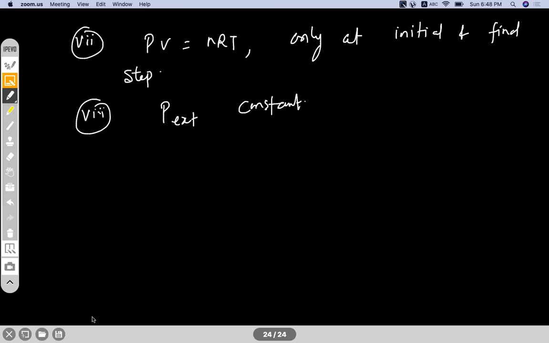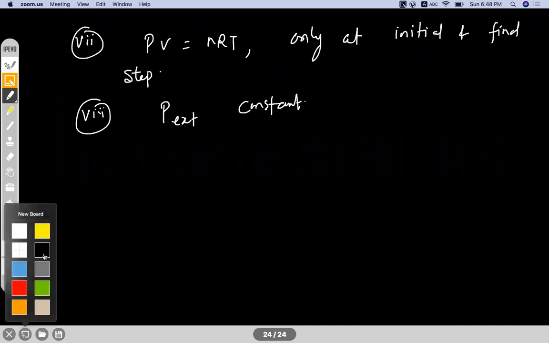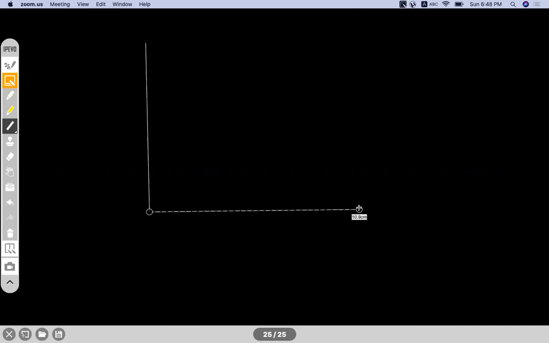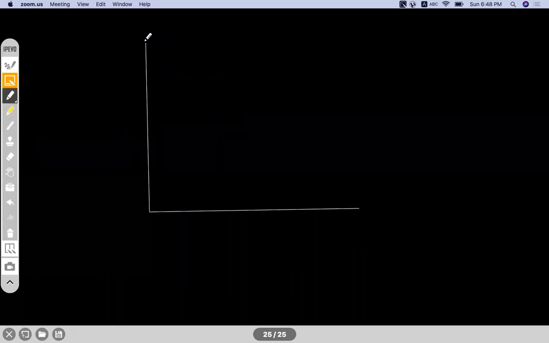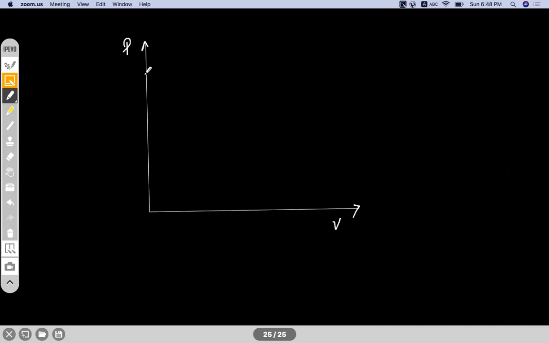Okay. Now, if you look at the graph for this process, we have pressure and volume. Initially, in state A, the external pressure is this.